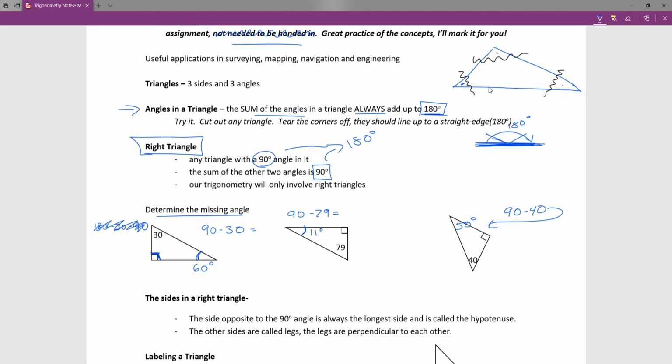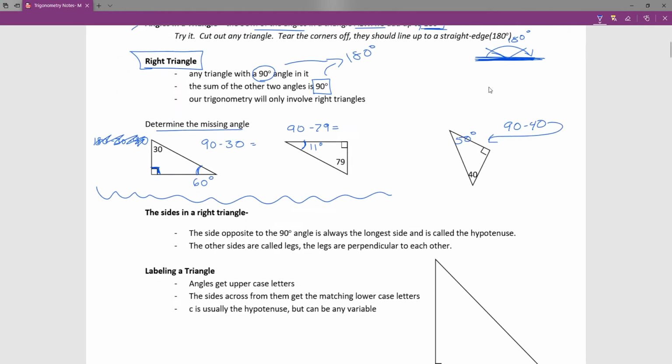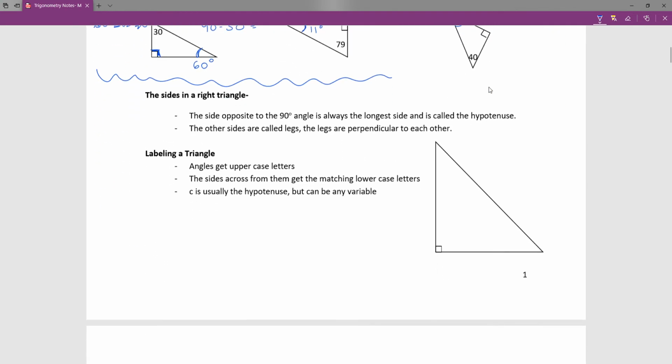The sides in a right angle triangle are the next parts of the note. So before we get into the Pythagorean theorem, we're going to start with a little bit of convention in math and in geometry, and we're going to use this as we move into trigonometry. So in these ones, the side opposite to the 90 degrees, so opposite to means across from, is always the hypotenuse. If you remember that word, it might be something that you remember about triangles.